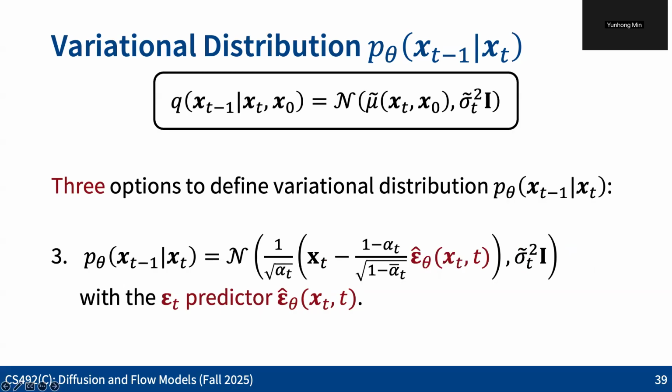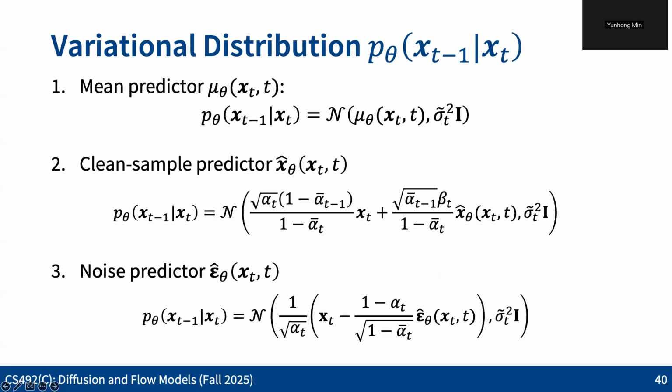And one more thing is this epsilon_t prediction, which is the noise prediction in this case. So there are basically these three options. And whatever we predict using the neural net, what we will need to do in the reverse process is to compute the mean of this reverse transition distribution based on those formulations, and then do some iterative sampling.